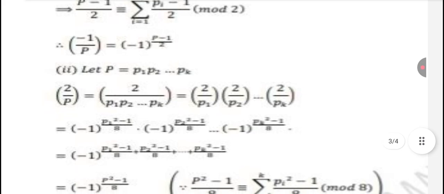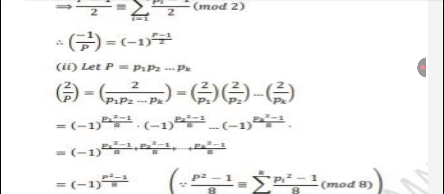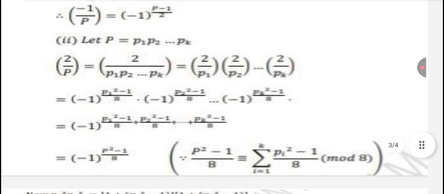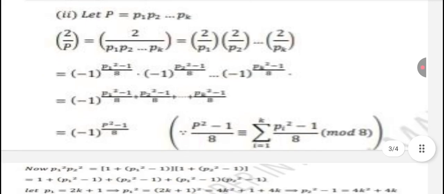So on further simplification, this is nothing but minus 1 whole to the power of (P1 square minus 1) by 8 plus (P2 square minus 1) by 8 plus etc. (Pk square minus 1) by 8. So like before, we can easily show that the sum of these terms is nothing but (P square minus 1) by 8, because we know that (P square minus 1) by 8 is congruent to the summation of (Pi square minus 1) by 8, i running from 1 to k mod 8.